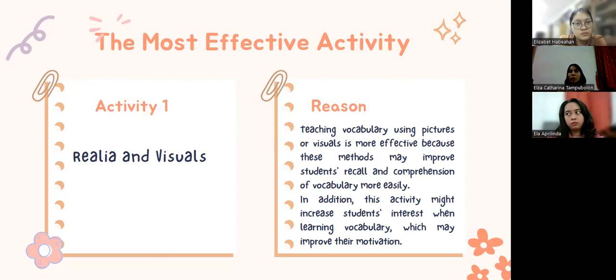And teaching vocabulary using pictures or visuals can attract students to enjoy learning in the class. So students don't get bored, because when learning vocabulary, they don't only see text, but also see pictures or visuals directly.